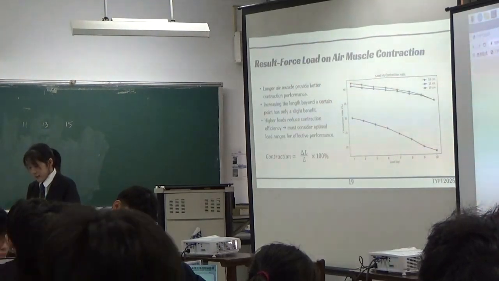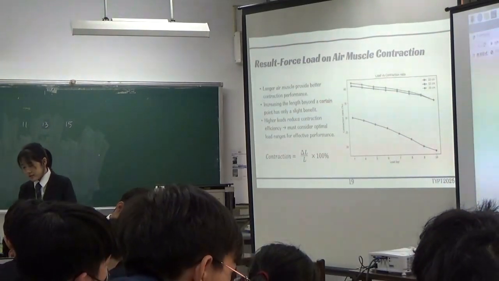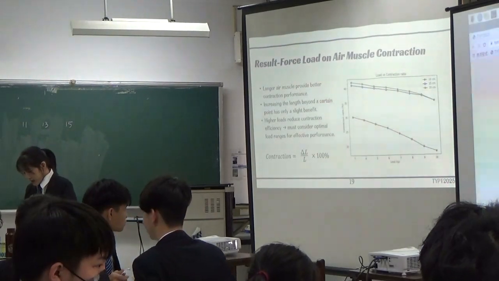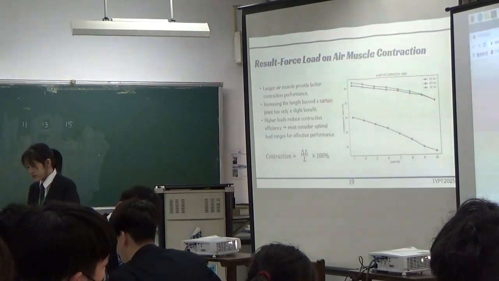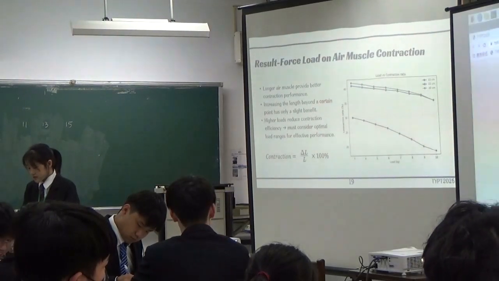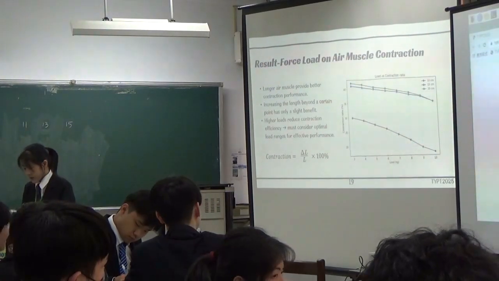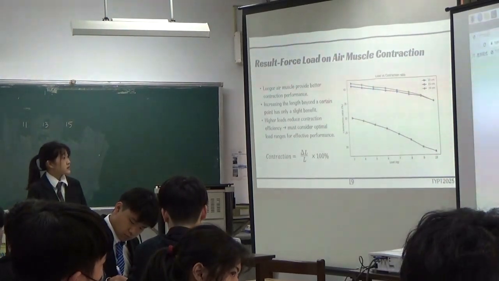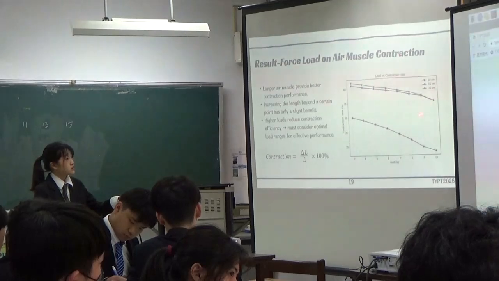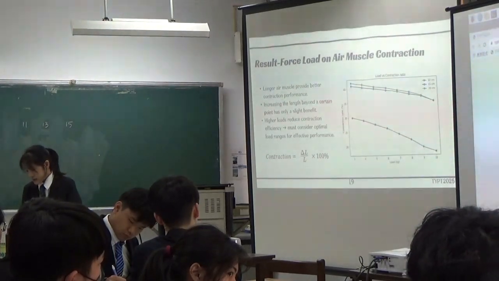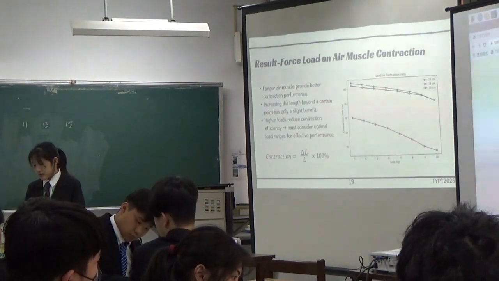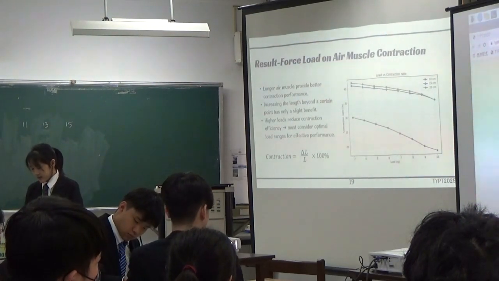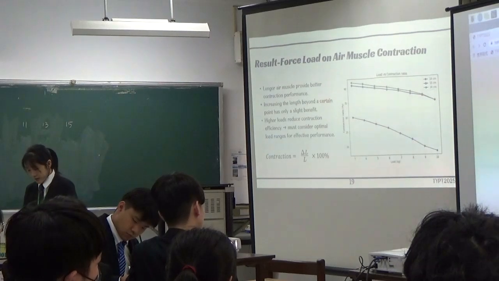This is expected because an air muscle has limited contraction ability, and as the external load increases, it struggles to contract as much. The contraction difference between the 50 cm and the 20 cm is small, meaning after a certain length, increasing mesh size has decreasing effects on contraction performance.